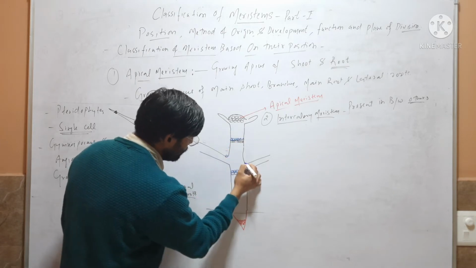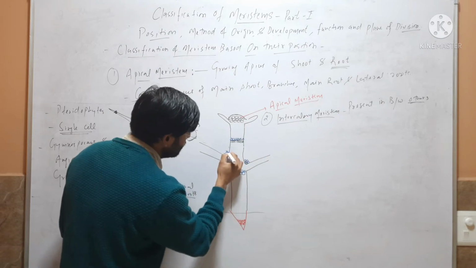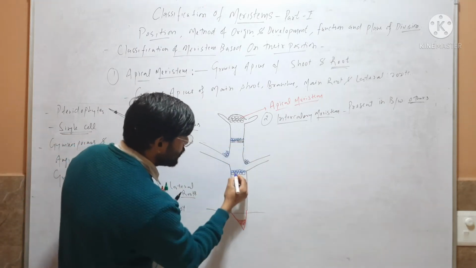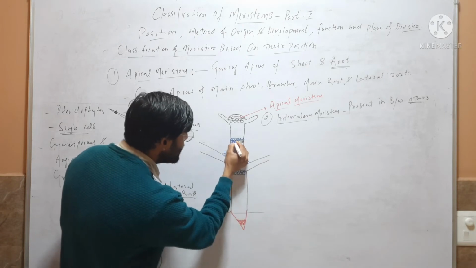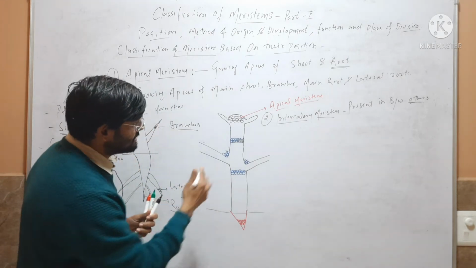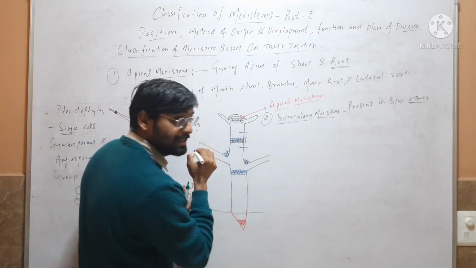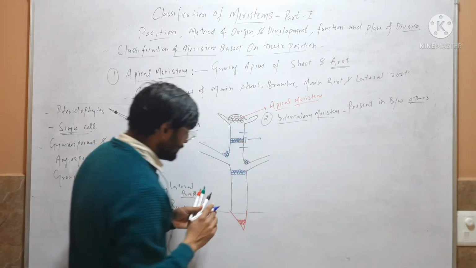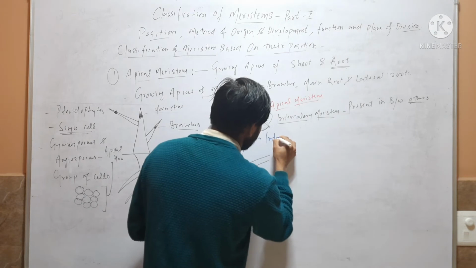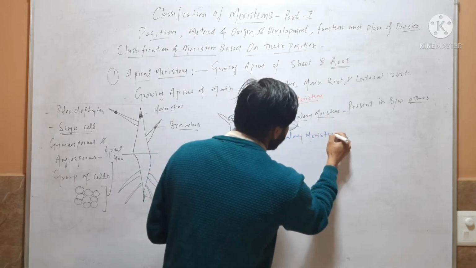There, in the axil of leaves, at nodes or internodes, some cells remain undifferentiated. So now you can see that this group of cells is present in between permanent tissue. So this type of meristem is called intercalary meristem.